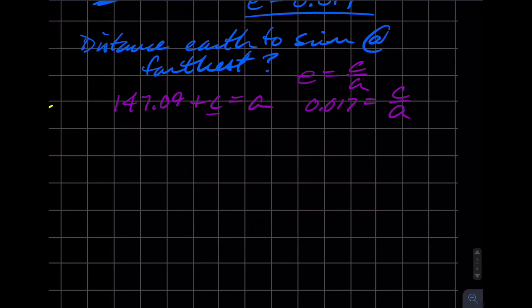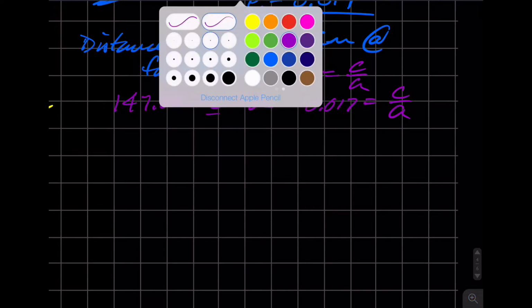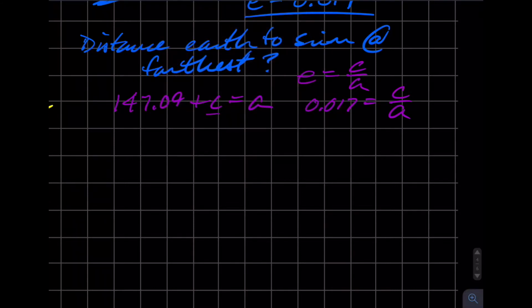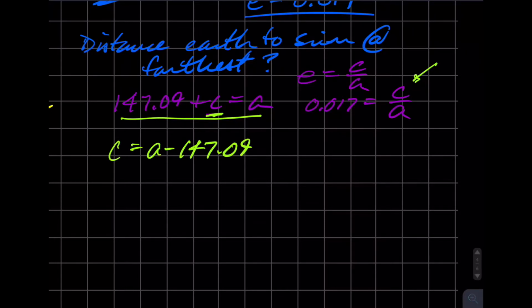I don't think that's typically what you would prefer, because it's going to have a fraction with two terms. I think you're going to want to take this, solve it for C, and then substitute into that C. Okay? So C is going to be equal to A minus 147.09.